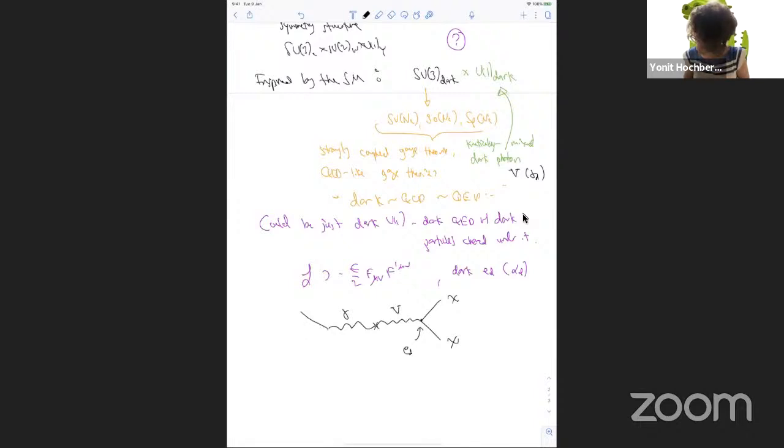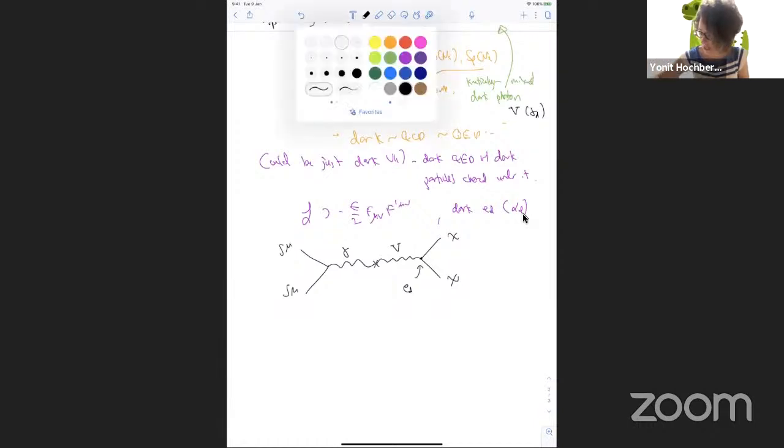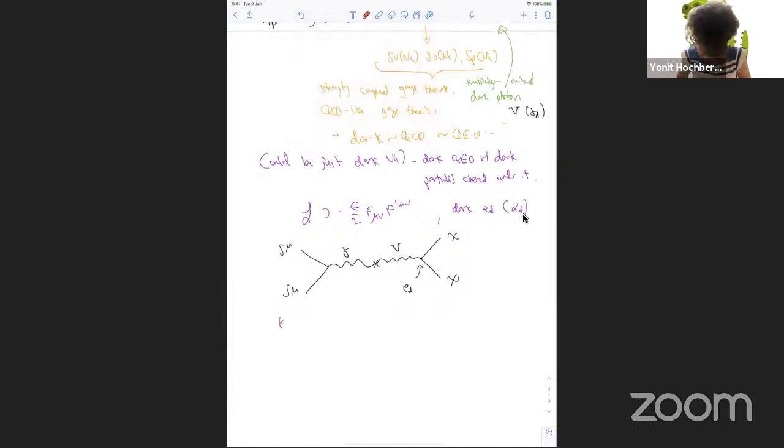And through the photon, I now have interactions with all of my ordinary charged standard model particles, for instance. So what this kinetic mixing gives us is a way for the dark matter and the standard model to communicate.